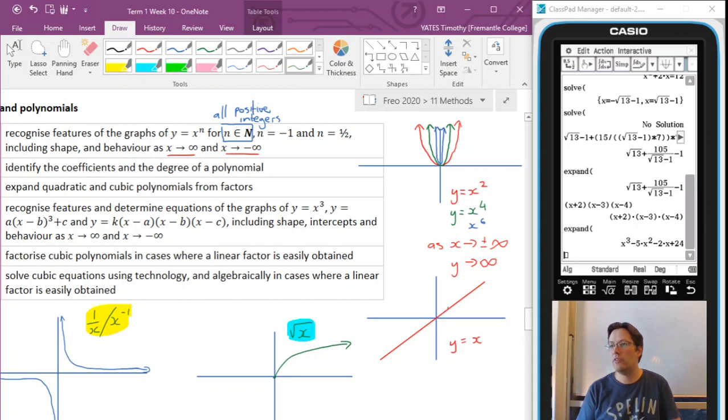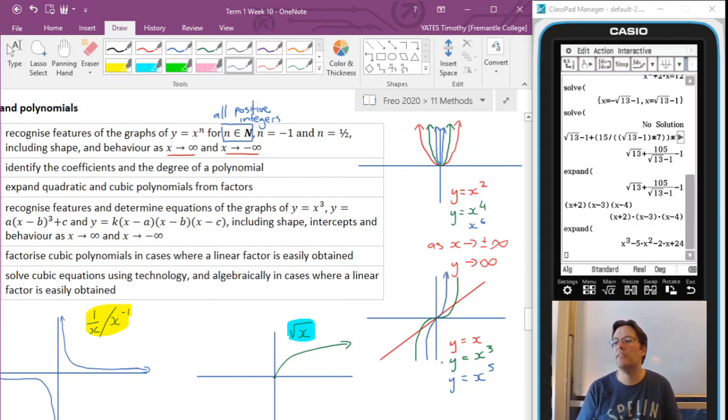But this also works for all our other odd powers, x to the power of 3. This one looks like so. And then we'll have y equals x to the power of 5, which will look pretty much similar but be steeper.